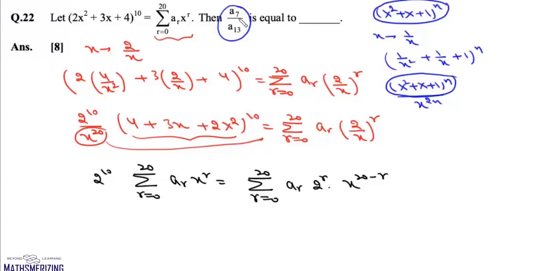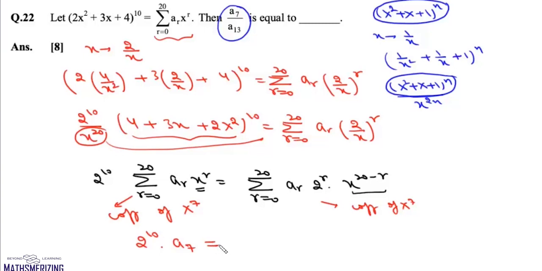Now we need A7, which is the coefficient of x to the power 7, and A13, which is again the coefficient of x to the power 7 on the right hand side. So what we'll do is, we'll find the coefficient of x to the power 7 from the left hand side and from the right hand side. Now from the left hand side, the coefficient of x to the power 7 will be 2 to the power 10 into A7, and it'll be equal to the coefficient of x to the power 7 on the right hand side, which we'll get when the value of r is 13.